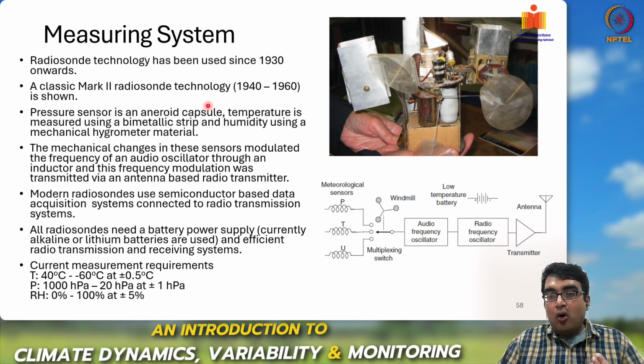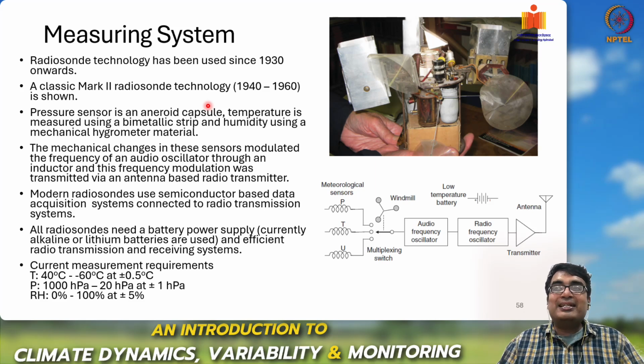All of these sensors have in common that there is a mechanical change that happens because of the change in the variable. So the bimetallic strip will bend due to the presence of temperature differential. Aneroid capsule barometers will also have a mechanical deformation due to the presence of pressure differences, and the material that is measuring humidity will expand or contract because of the change in humidity.